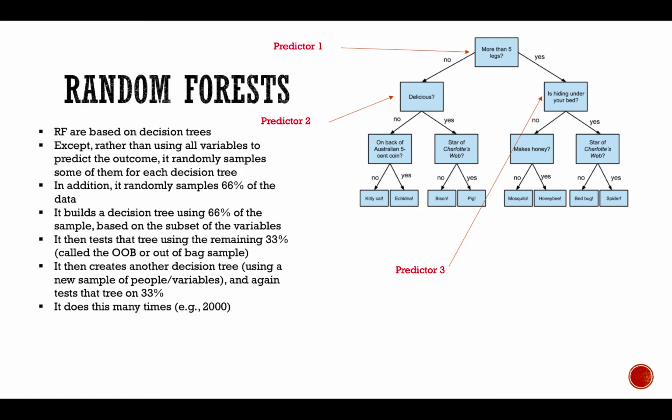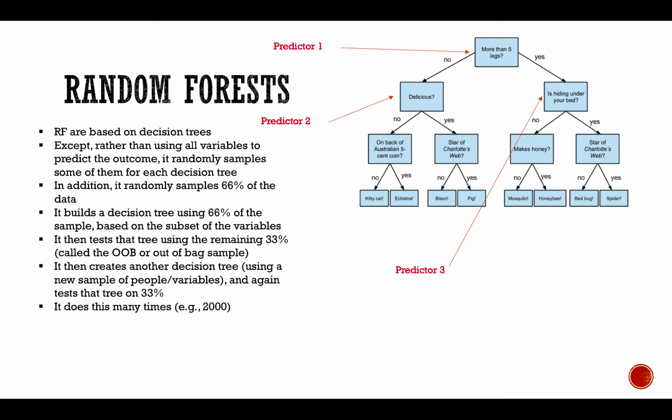After it fits that tree with the 66% of the data, it uses the remaining 33%, which Random Forest calls the OOB, or out of bag sample, to predict the scores for the 33% that have not been used to fit the data. And then subsequently it creates another decision tree.